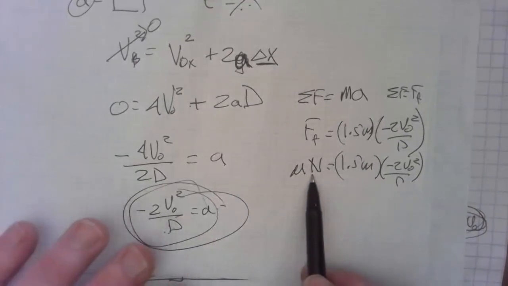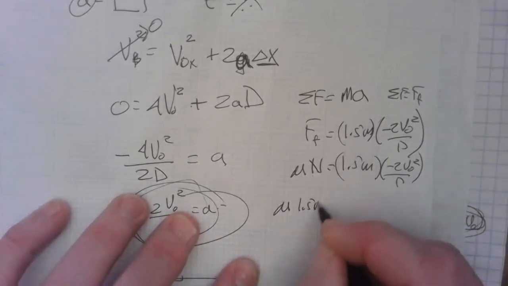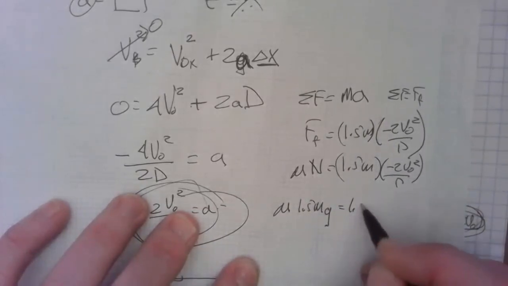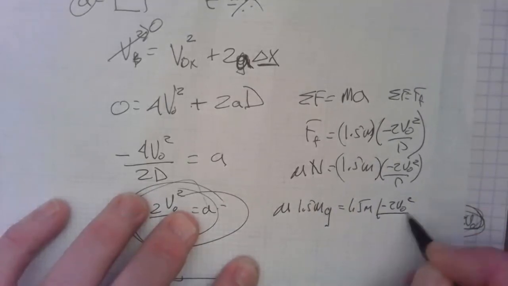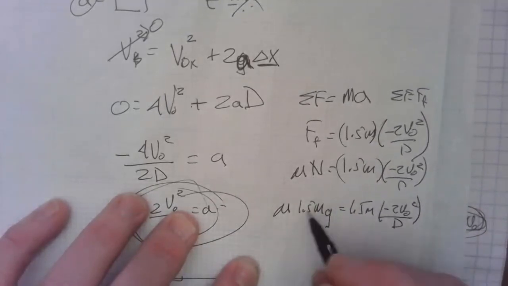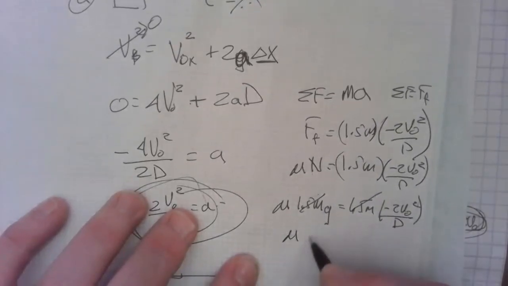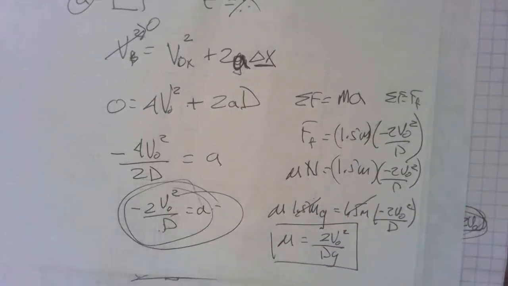Normal force, though, is just the weight of the object we talked about earlier, so that's mu times 1.5 m times g, which equals 1.5 m times negative 2 VO squared over D. Alright, so the 1.5 m's are going away. Mu is going to be, the negative is neither here nor there at this point, 2 VO squared over dg, which is the exact same answer as the other one.